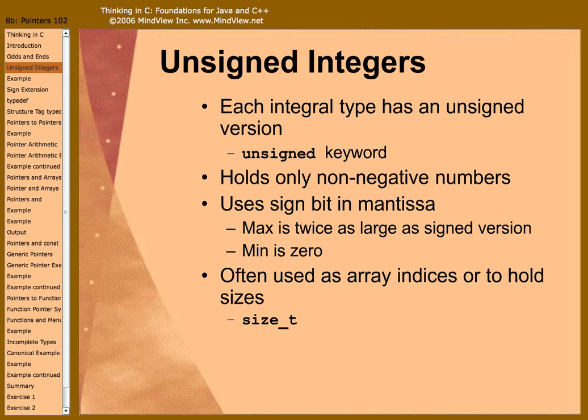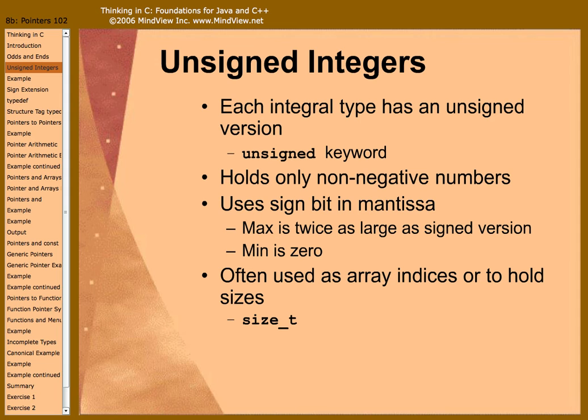So, for example, if you have a short, which is 16 bits, then you can go to 2 to the 16th minus 1 as your maximum and 0 as your minimum. So basically, it's just taking those numbers that the signed integers comprised and moving it up to where the smallest one is 0 and the largest one is the one I just mentioned.